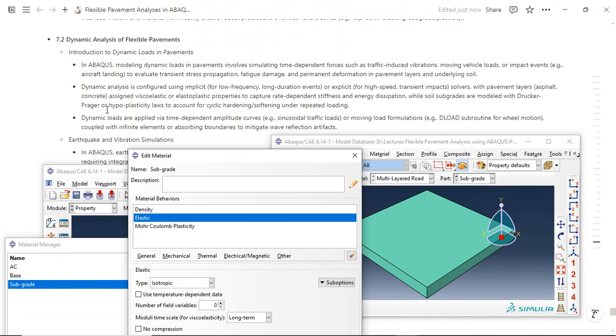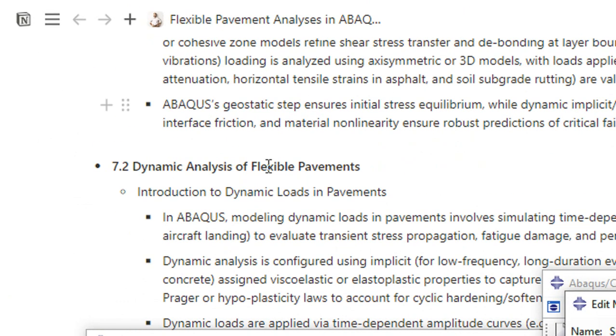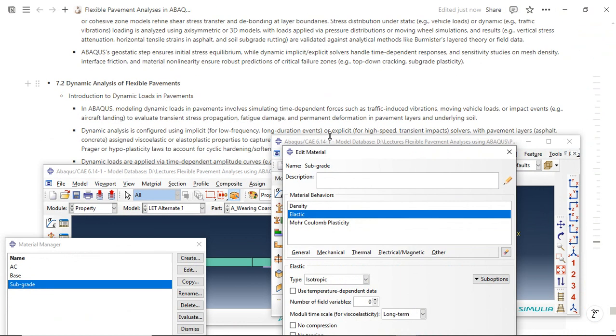After that we have the dynamic analysis of flexible pavements. The dynamic analysis we already discussed, but I will try to discuss it in the next video, in which I will discuss the loading mechanism, right?